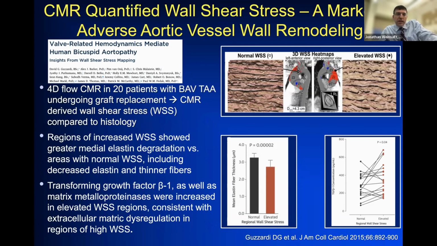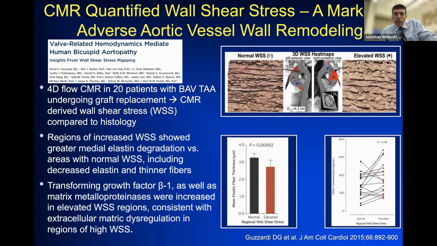Of interest, regions of increased wall shear stress, meaning high flow on four-dimensional flow CMR, showed greater medial elastin degeneration as compared to areas with normal wall shear stress, including decreased elastin and thinner fibers.